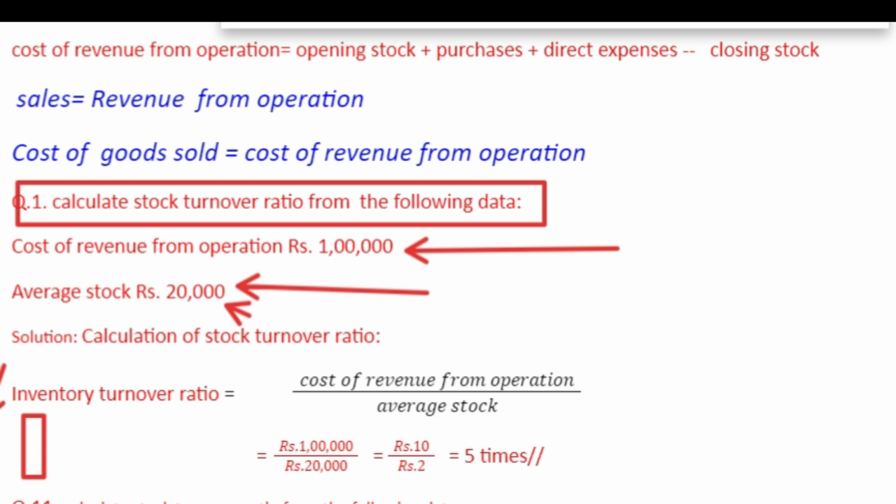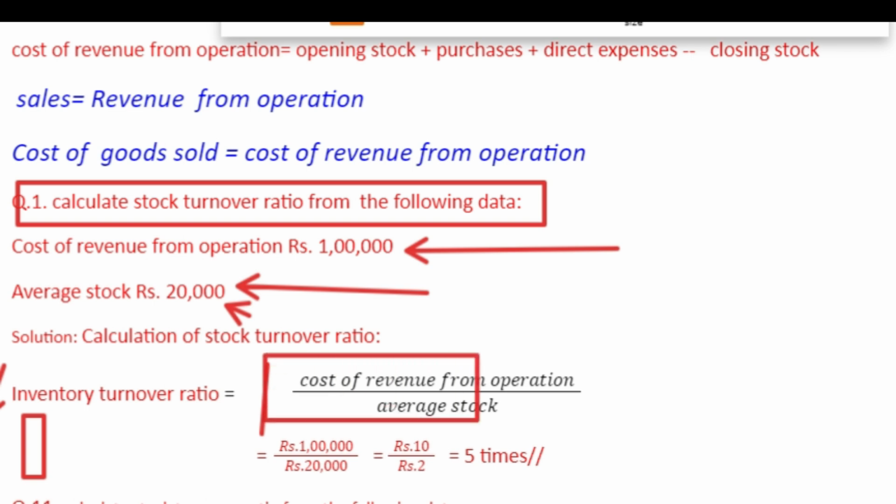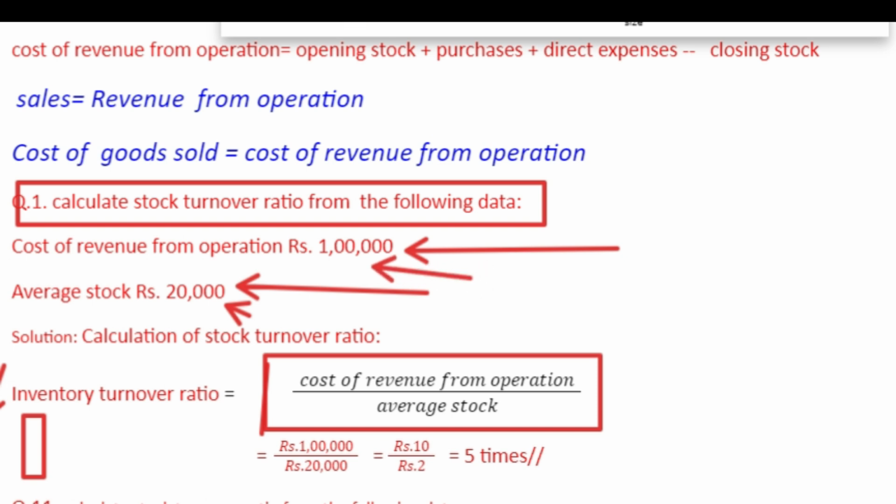The formula is cost of revenue from operation divided by average stock. Cost of revenue from operation is 1 lakh and average stock is 20,000. So the answer is 5 times.